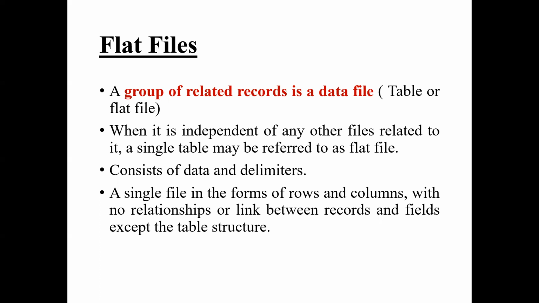When a particular file is independent of any other file, meaning no other file is linked to it, that is a flat file. It consists of data and delimiters. Delimiters are the separating characters, like comma, double comma, and so on. So it is a single file in the form of rows and columns with no relationship or link between records and fields, except the table structure.